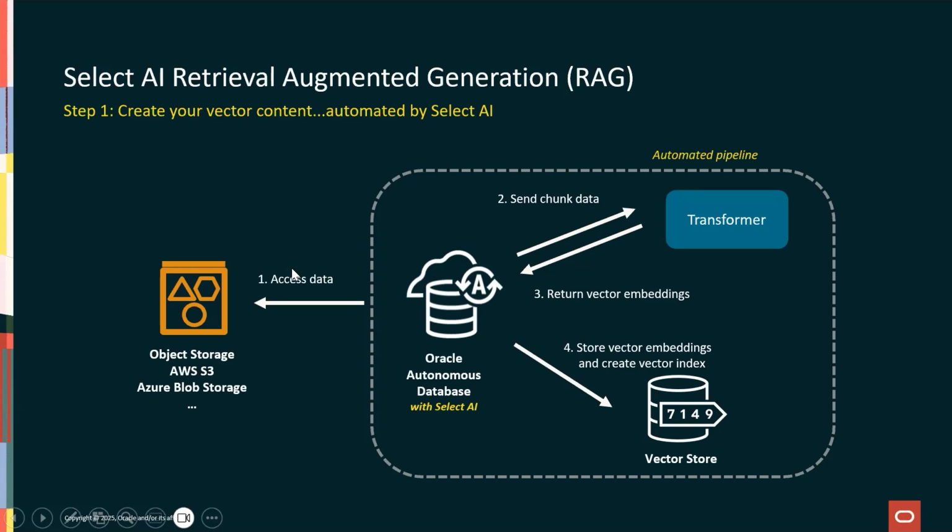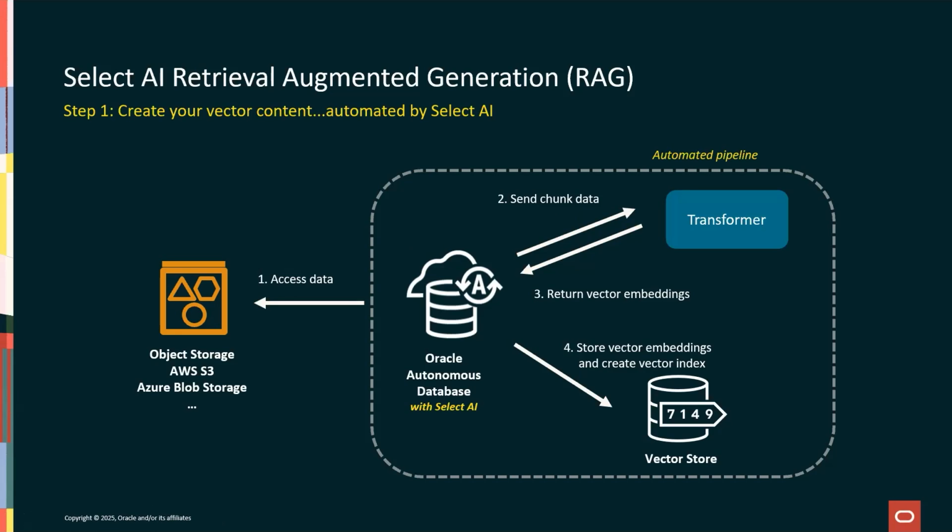Then SelectAI retrieves these documents and chunks them to produce the vectors, which then get stored in the vector store, and it creates a vector index. We use that vector index for RAG queries.